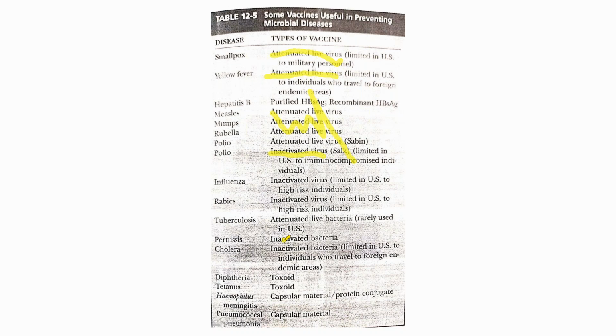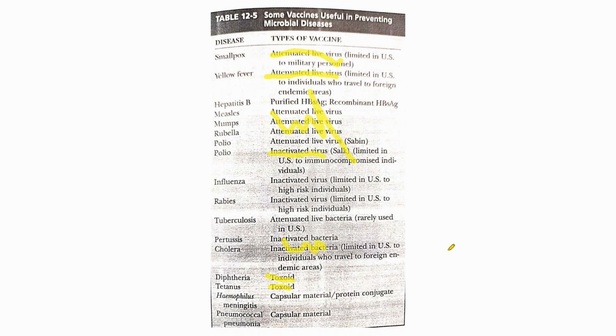You can see inactivated bacteria here in pertussis and cholera. Then there's a term, toxoid. What do you mean by toxoid? Anybody? It's nothing but inactivated toxin. Everything is antigen, whether it is a toxin, a live organism, or a killed organism. The cell wall of the organism may contain some antigenic structures.